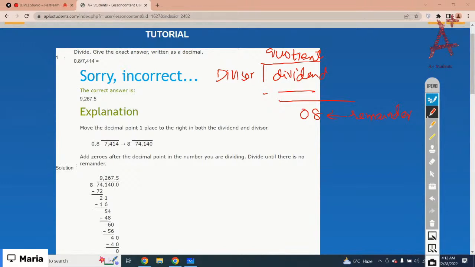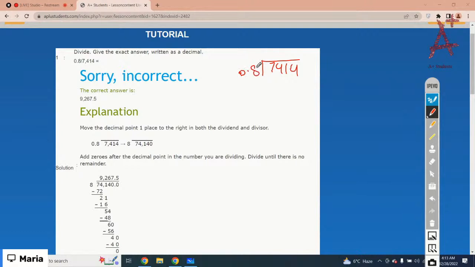Let's start with the first question you have to do. 7414 divided by 0.8. Let me just divide. Got it?